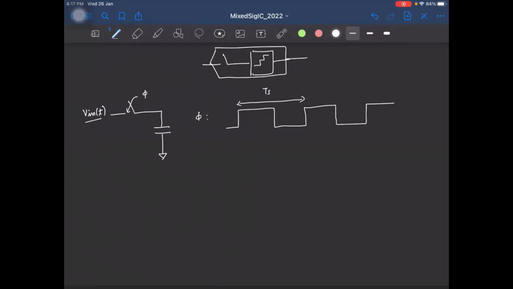Okay. So now let us say my input signal is doing something like this. So what will be my output? If I call this the output, how will it look? Well, during this phase when the clock is high, the switch is closed, so the input is completely shorted to the output, right? So let me mark this time instance also.